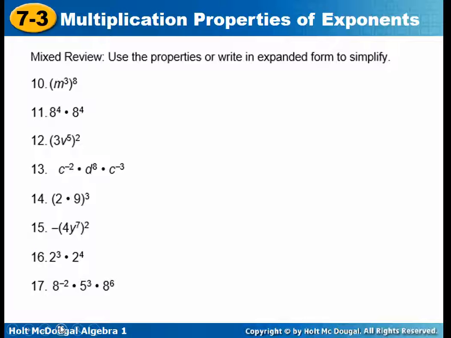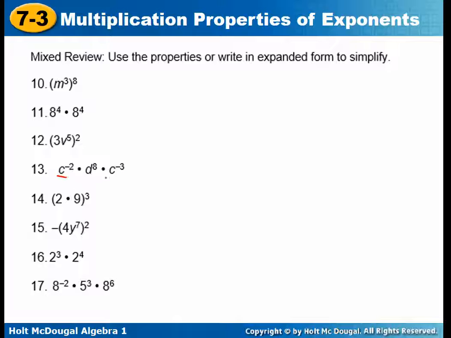All right, so then there are a bunch of problems for you to practice on your worksheet. Here is some of them. These are all the properties combined, so you have to figure out what's happening and then use the right rule. Let's look at number 13. That looks like a lot of stuff going on. We have c to the negative 2 times d to the 8th times c to the negative 3.